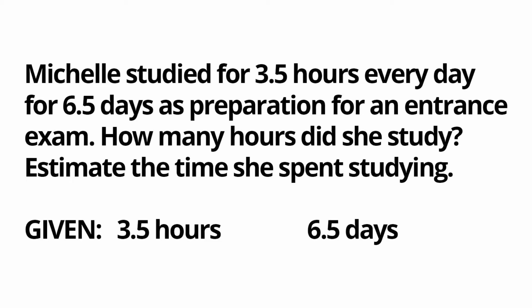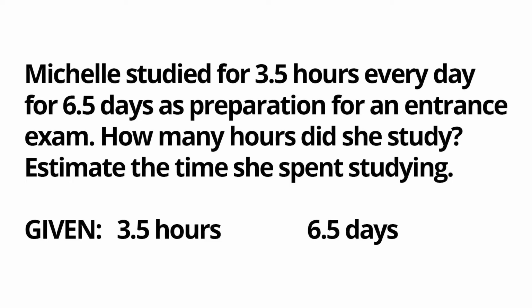To find a reasonable estimate using decimal numbers, round the decimal to the nearest whole number. Remember to look at the number in the tenths place. If the number is less than 5, round the number down to the nearest whole number.